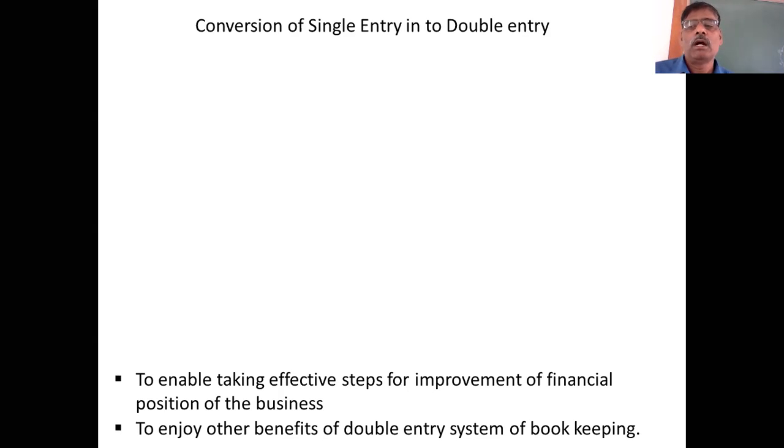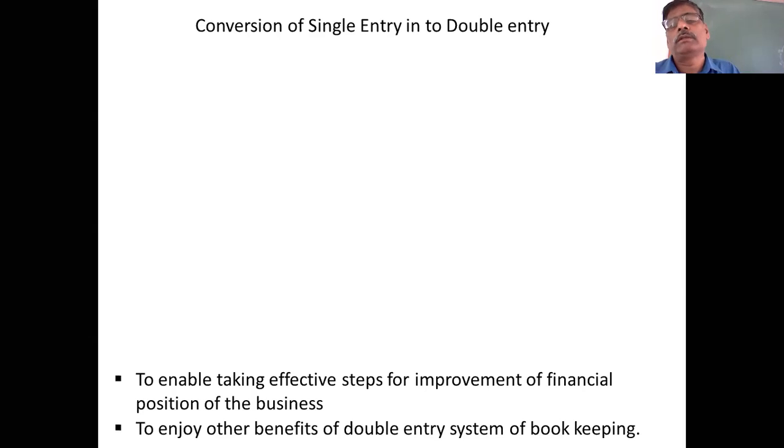Therefore, it is called unscientific. And it is inaccurate or an incomplete form of double entry system because some transactions are recorded on double entry system basis and some transactions are recorded under the single entry system. Therefore, it is called inaccurate and incomplete also.